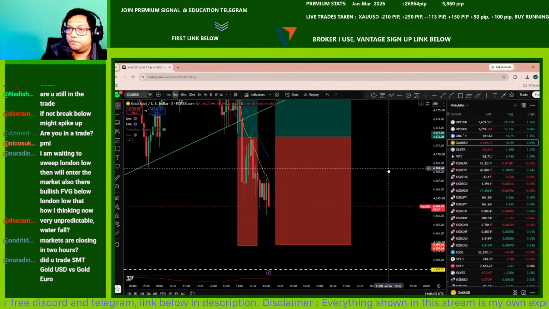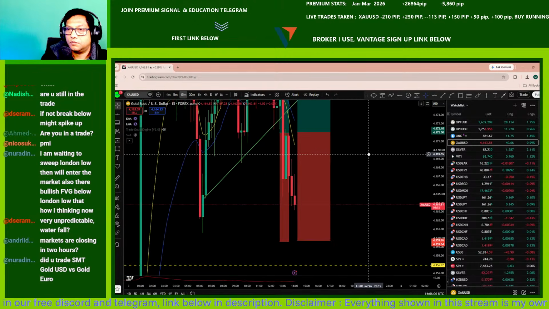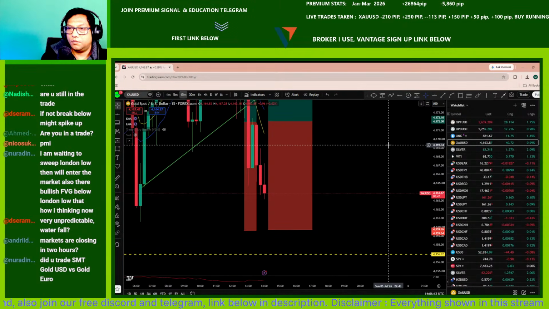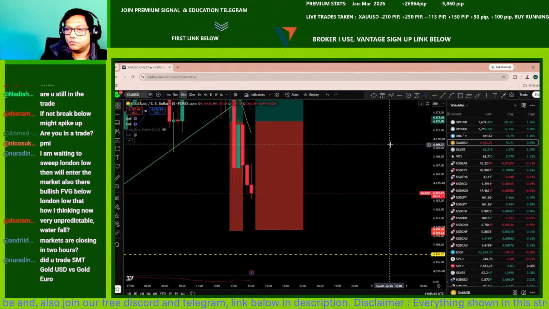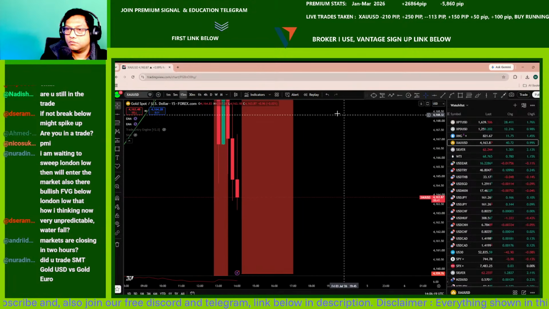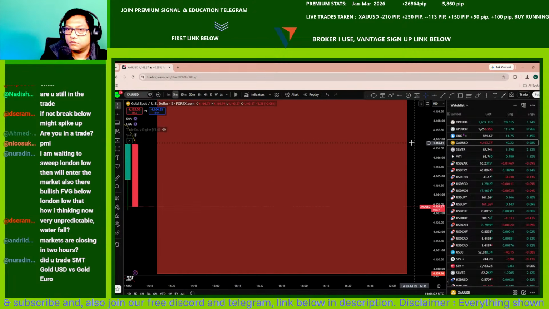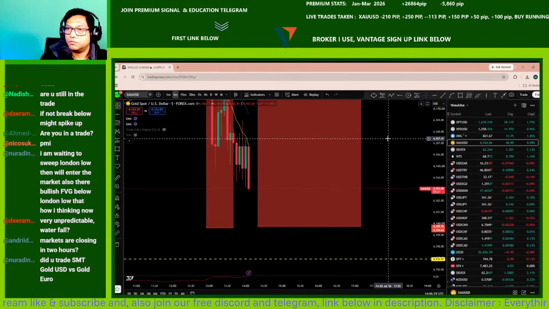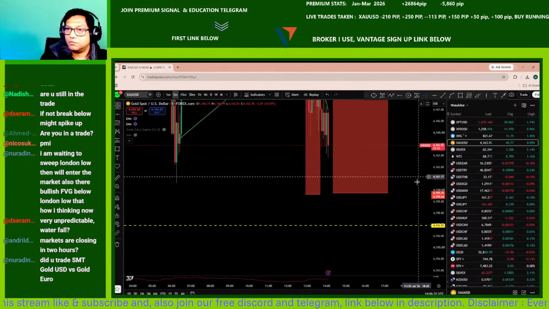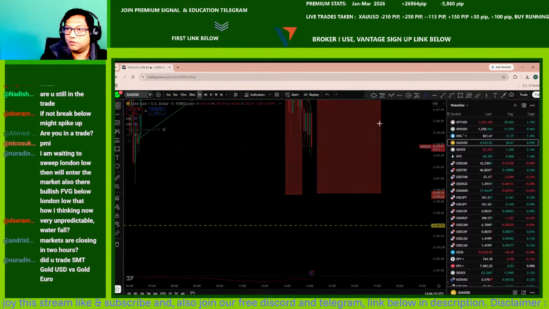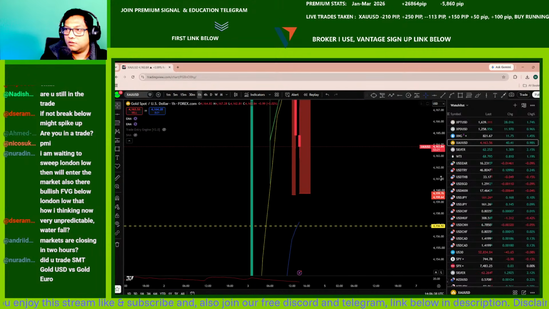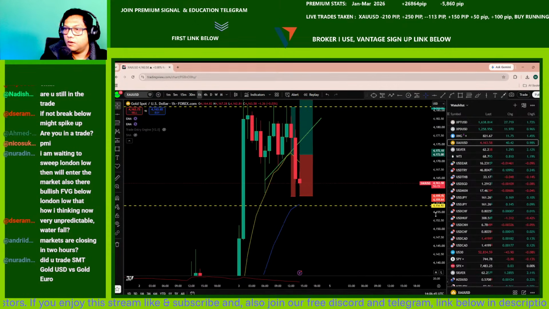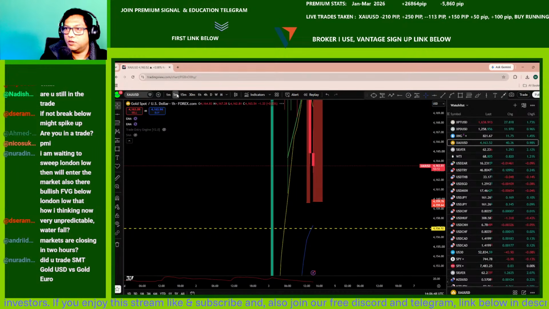Market might break below here. So it might break the low and then can move back up. I'll not be moving the stop loss.